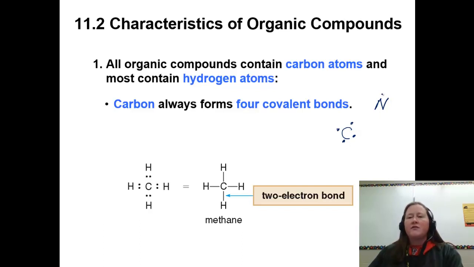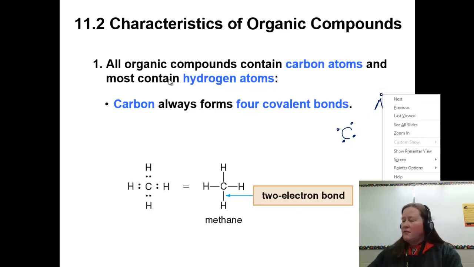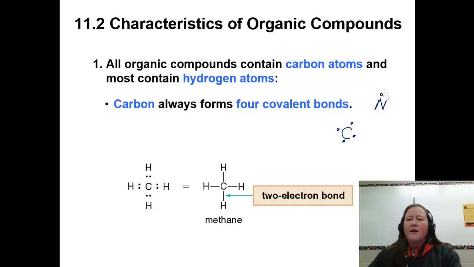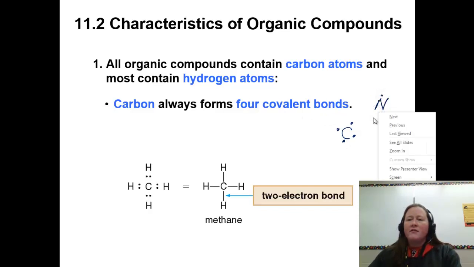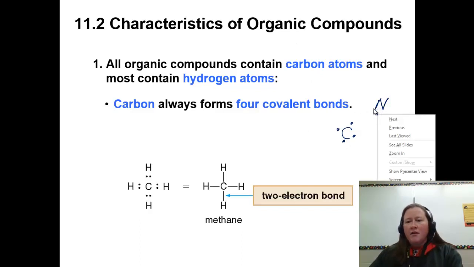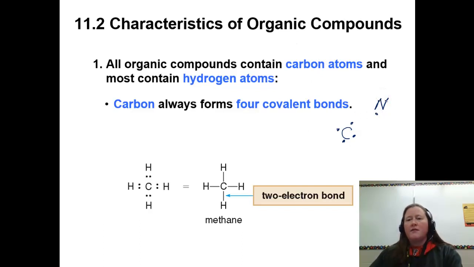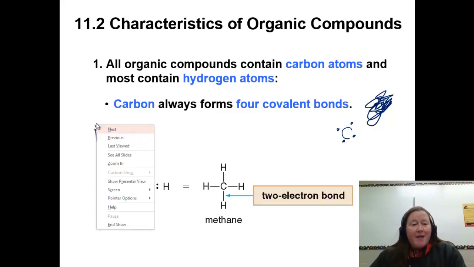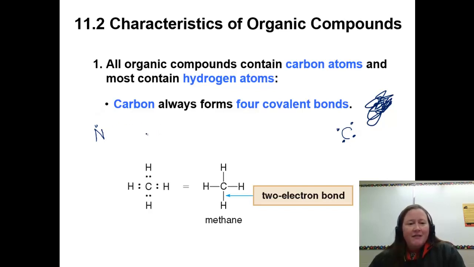So if I draw the dot structure for nitrogen, I do not know what is happening with this thing. All right, 5 valence electrons. I have 1. I don't know what's going on. This is ridiculous. I'll draw it over here. Nitrogen has 5 valence electrons. I don't know what's happening. Here, I'll try it here.